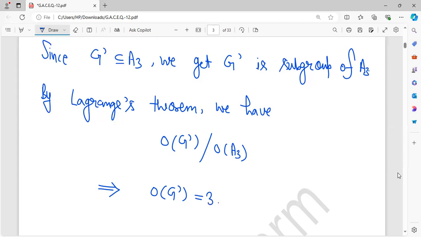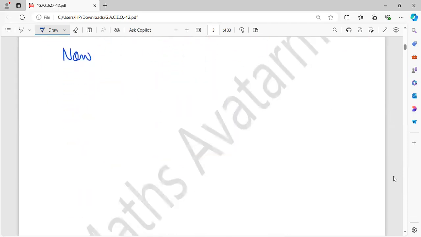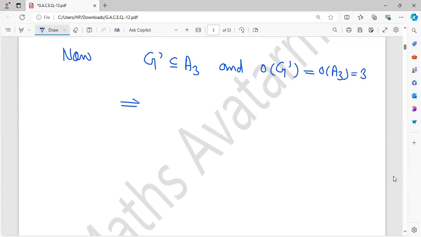Now G dash is a subgroup of A3, and the order of G dash and the order of A3 are the same. So the meaning is that G dash is nothing but A3.